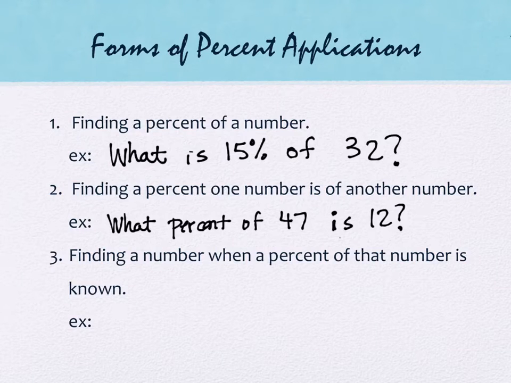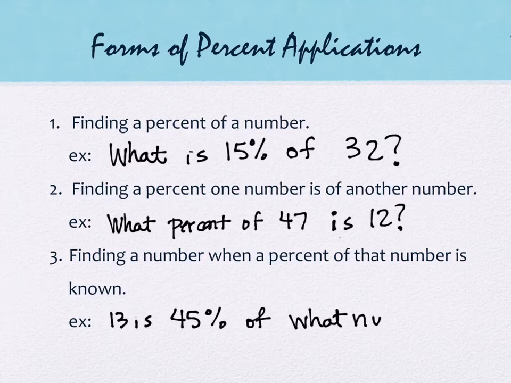And then the third one, finding a number when a percent of that number is known, is something like this. 13 is 45% of what number? So this time we know a part of the problem, the 13.